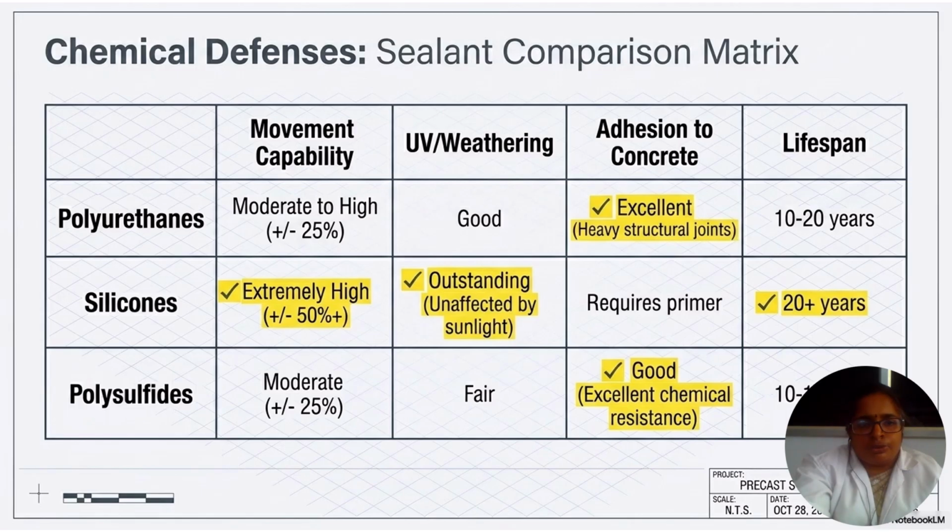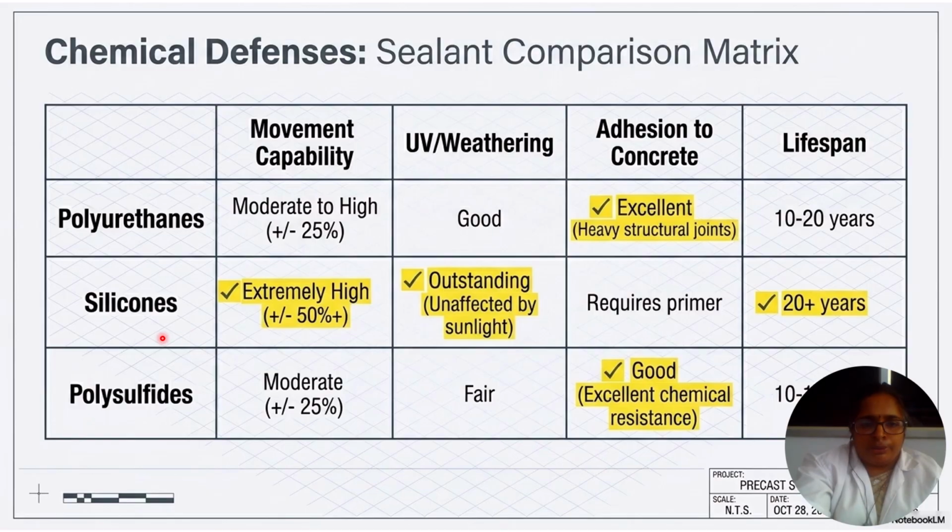This slide shows you the chemical defenses, that is the sealant comparison matrix. Polyurethane has moderate to high movement capability, about 25%, good weathering, excellent adhesion to concrete, and a lifespan of 10 to 20 years.